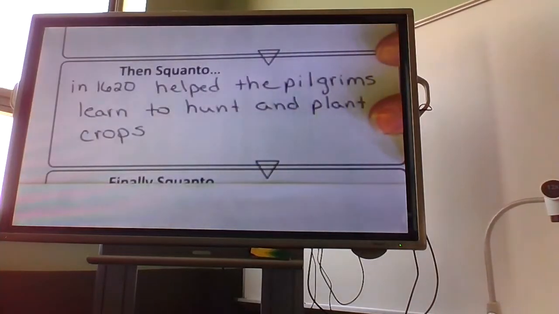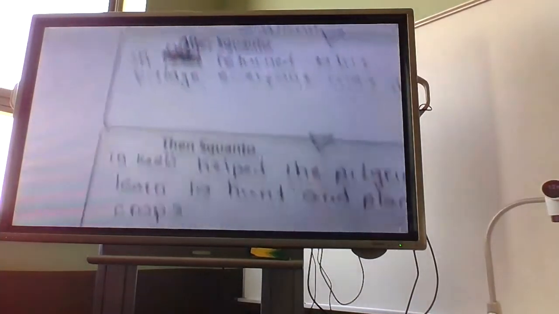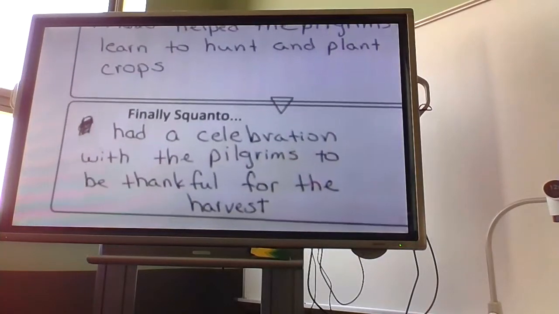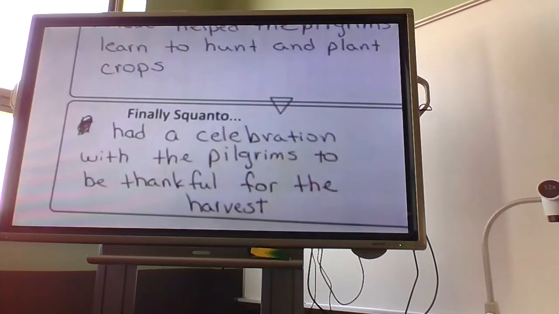If you look at the last page, the part that says finally, I just wrote down, they had a celebration. He celebrated with the Pilgrims to be thankful for the harvest. That is the last thing that he did that we know of in his life. He might have done other things, but that's when our story ends.